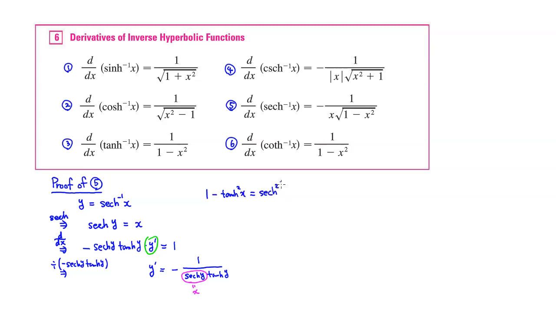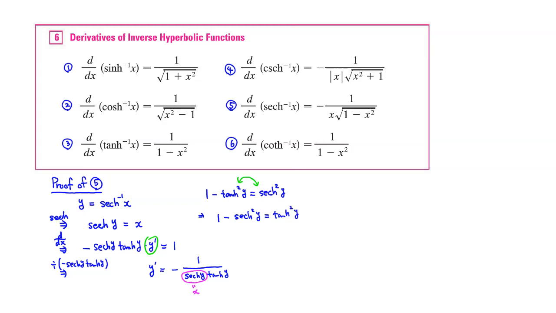Maybe I should use y in this case. And instead, we want hyperbolic tangent, so I'm going to swap these two around to get 1 minus hyperbolic secant squared of y is equal to hyperbolic tangent squared of y.